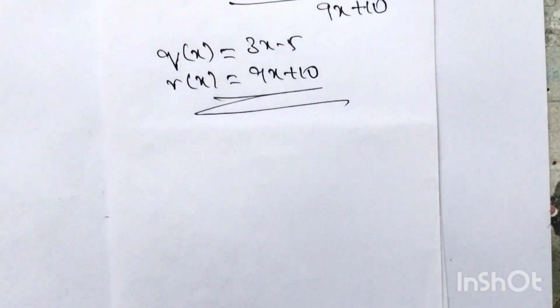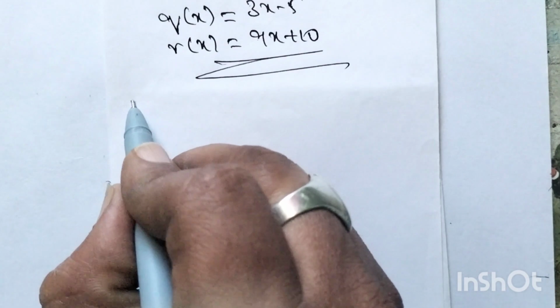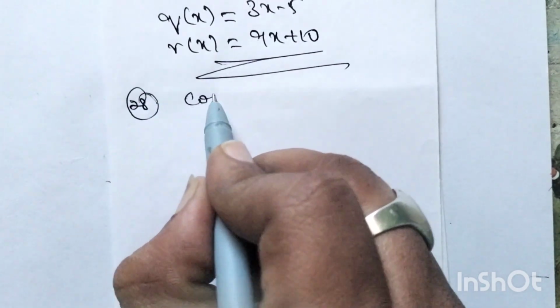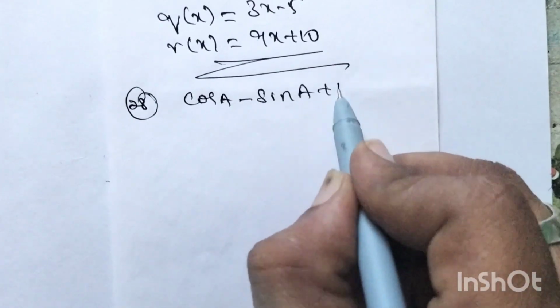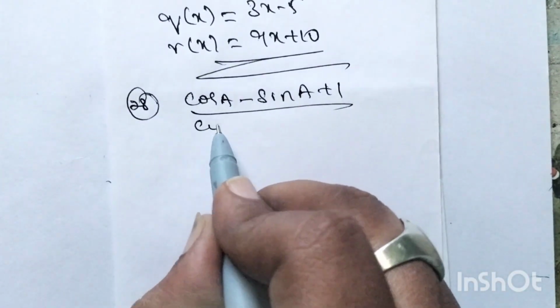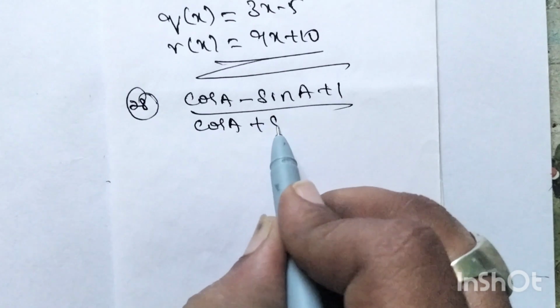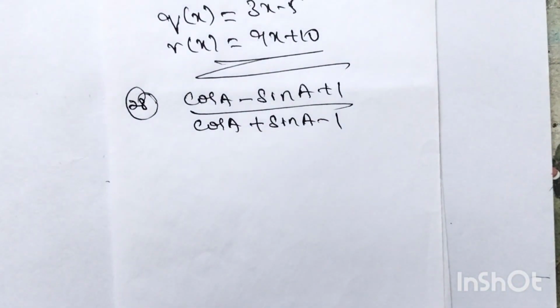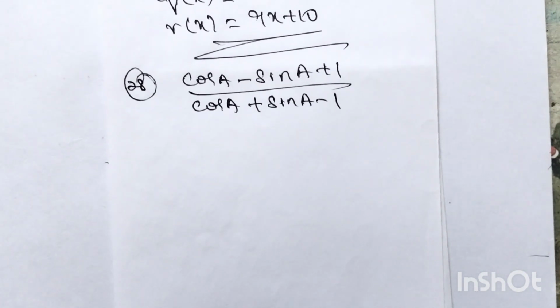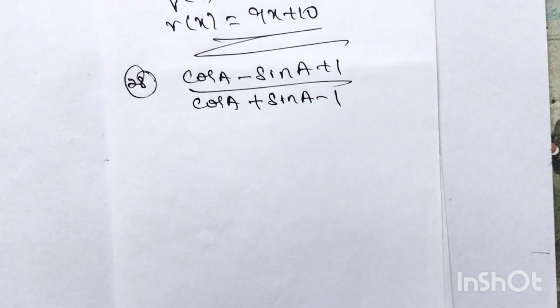So in the 28th question, what they have given: cos a minus sin a plus 1 divided by cos a plus sin a minus 1. We have to get the answer cosec a plus cot a. So let us divide each term by sin a.